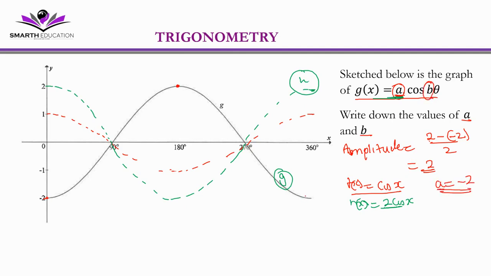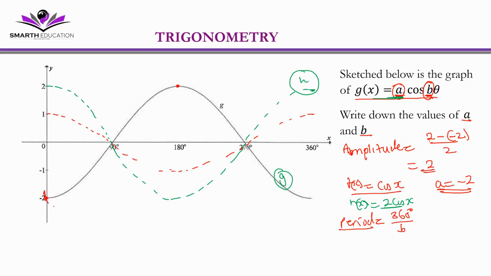B, remember in the previous question we talked about the parameter k, which is just the same as b. For the cosine graph, our period is equal to 360 degrees divided by b. What is the period of this graph?